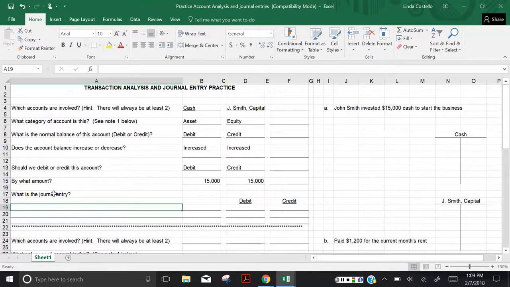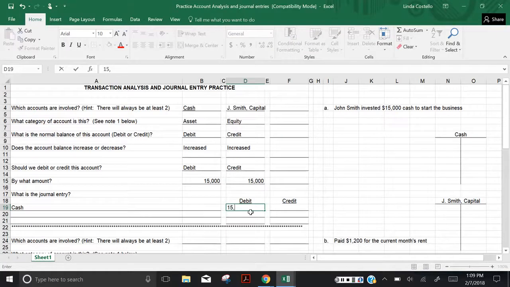Start out with your debits first. Debit cash, $15,000. And credit capital, J. Smith Capital, for $15,000.